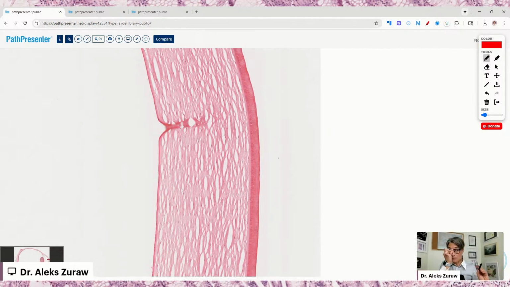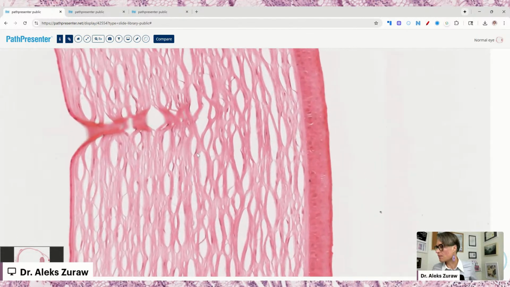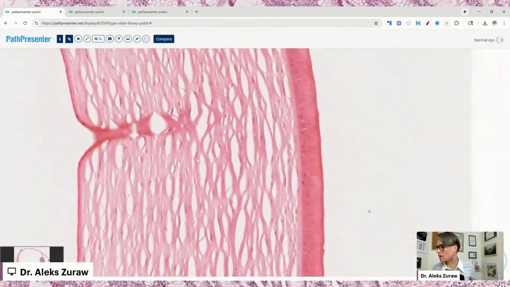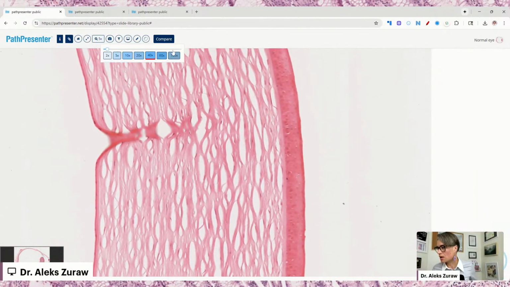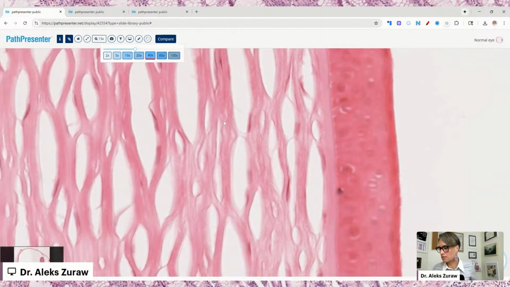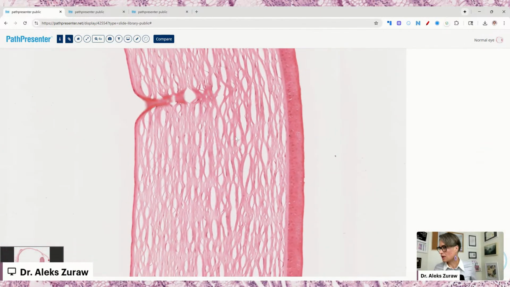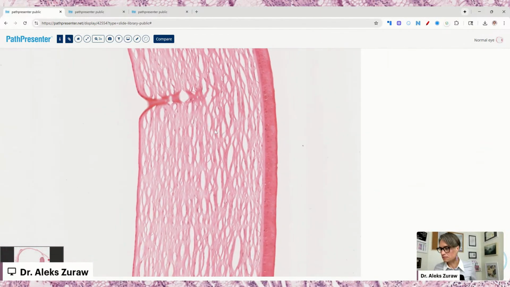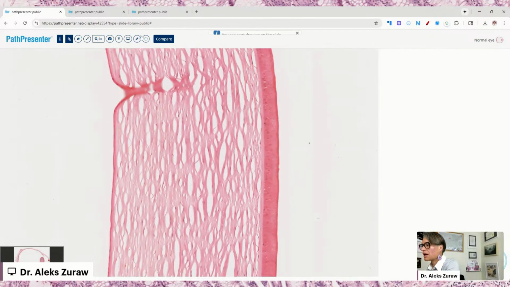But cornea has a couple of layers, as you can see here. We can go even super high, 100x, and see everything here. Let's see the structures that we have.